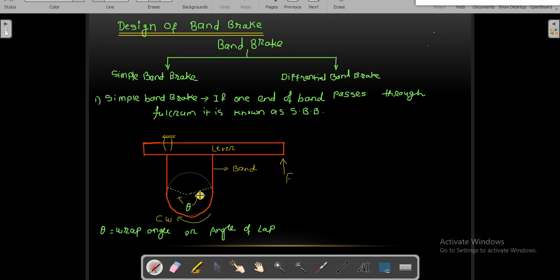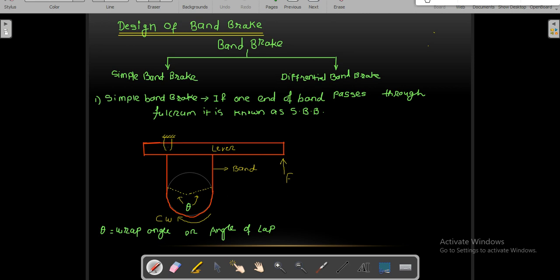And here it is shown that it is rotating in clockwise direction. Theta is the angle of lap, this complete angle from here to here. It is also known as wrap angle. Force is applied in upward direction.